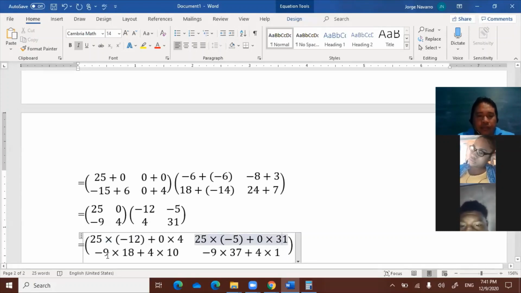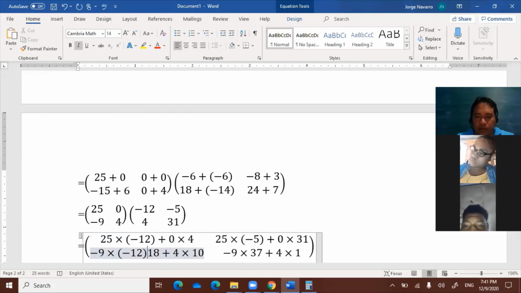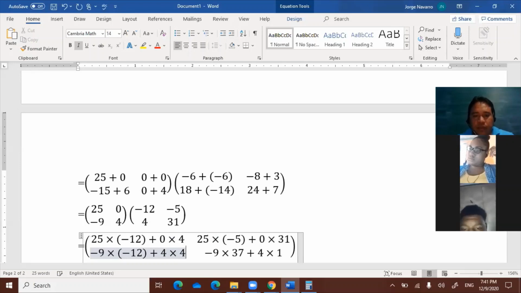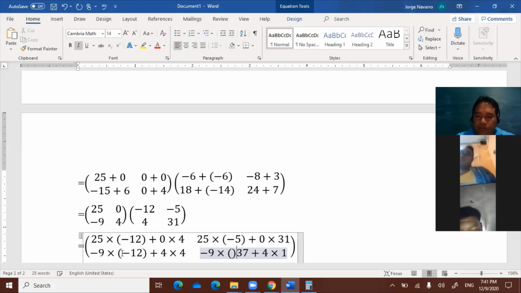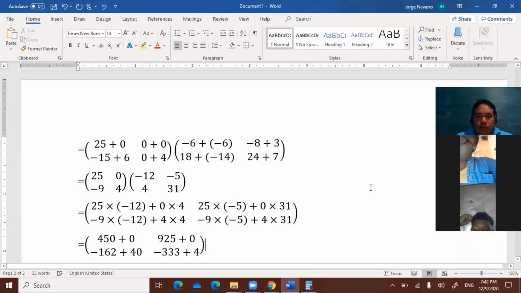Then here, negative 9 times negative 12. So I have to remove this. 18 plus 4 times 4. And then here we'll have negative 9 times negative 5 plus 4 times 31. So that one will get really big. So we're finished with that step.